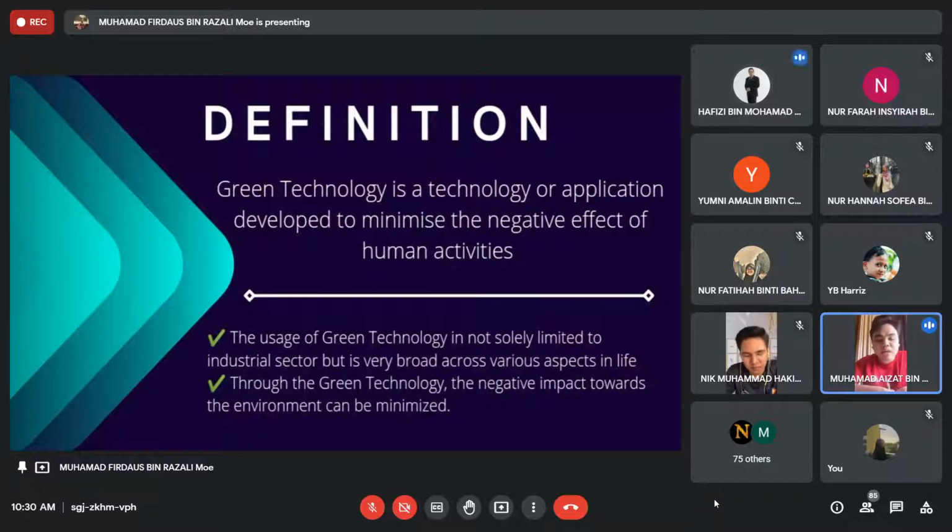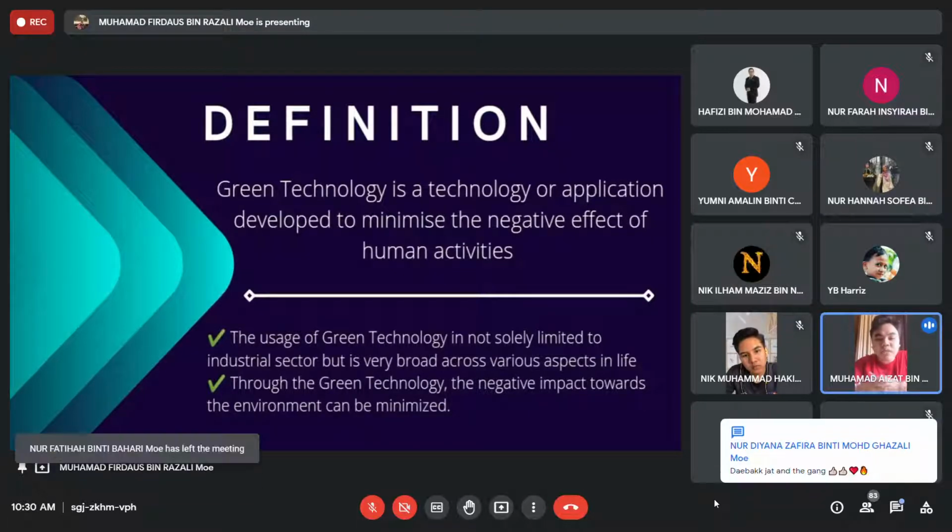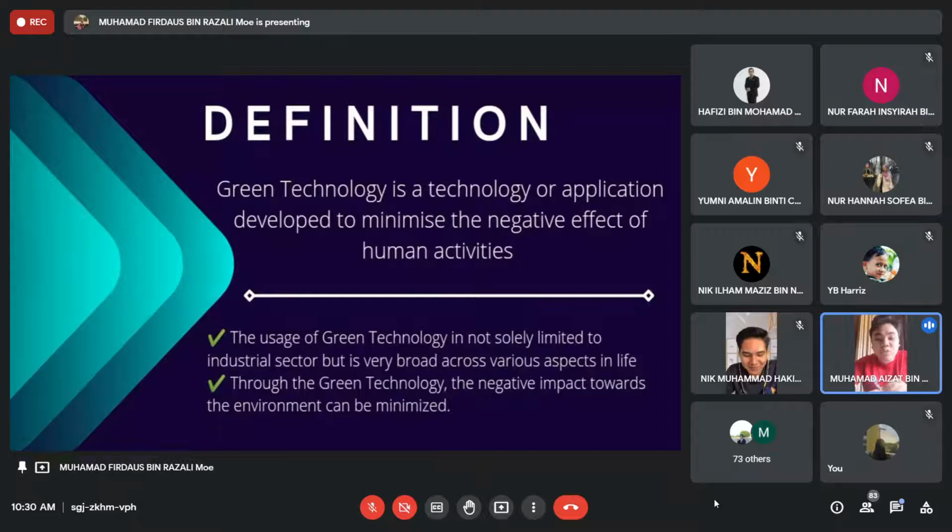And this actually releases the highest amount of carbon dioxide into the atmosphere and can cause climate change. If we look back at the history of green technology, it is stated in the journal of Professor James G. Titus, Agensi Perlindungan Alam Sekitar, that the increase of temperature in our world is actually 0.4 to 0.5 every 5 years.